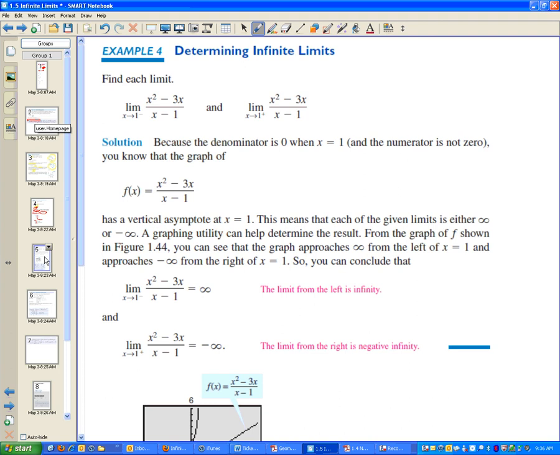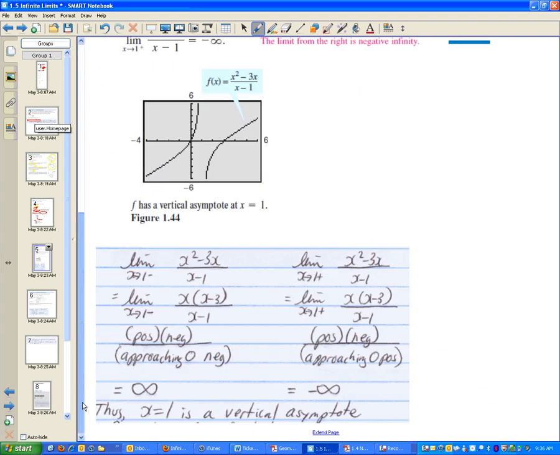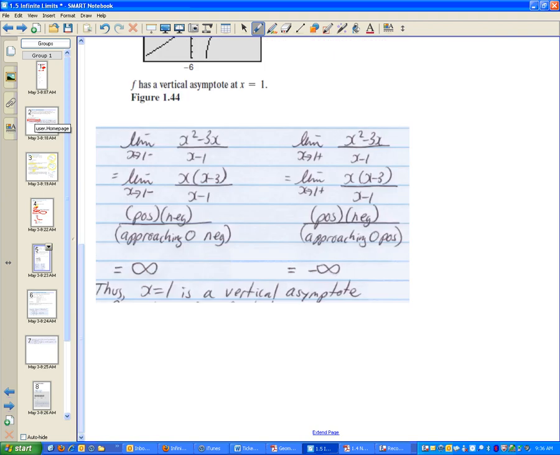I get a little confused trying to, all of a sudden they're getting a graphing utility out. No, we need to be able to do these without a calculator. With a calculator, sure. But I mean, how hard is it to find a limit when you can graph it on your calculator? You can do that, right? So we need to be able to do it without a calculator as well. So over the years, I've devised this technique.